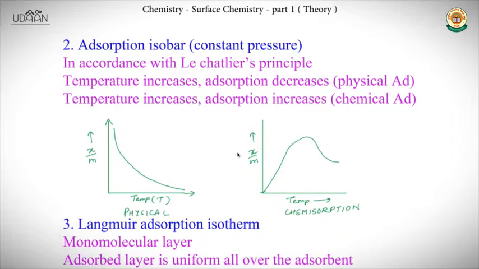Next comes the adsorption isobar. As we've already seen, in physical adsorption, as temperature increases, adsorption decreases. So we can see this curve also. As the temperature is increasing, x by m is decreasing, right? And in the case of chemical adsorption, as the temperature is increased, adsorption first increases, then it decreases.